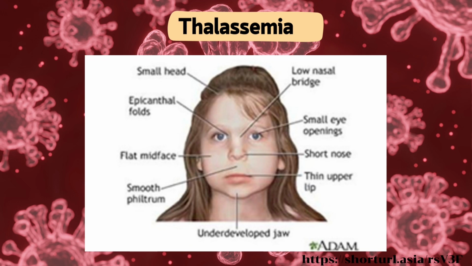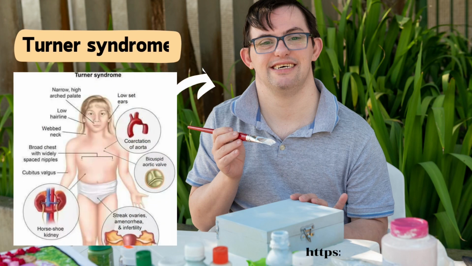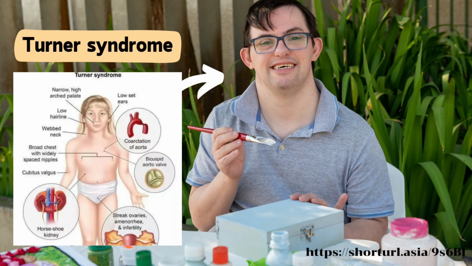in red blood cells. Turner syndrome is a genetic disorder found in females. It is caused by an abnormality of the X chromosome. Patients with this condition have only one X chromosome.